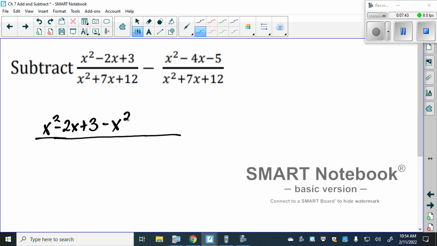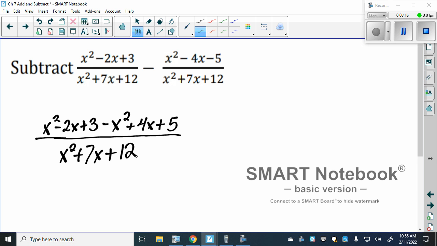And the 4x would be plus 4x, because we're subtracting a negative 4x. When we subtract, the negative and negative make a positive. And when we subtract negative 5, the negative and negative make a positive. And the denominator is still going to be x squared plus 7x plus 12.